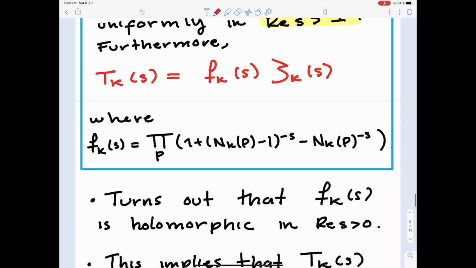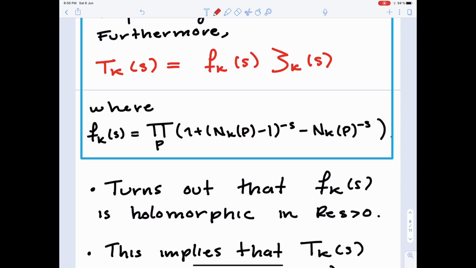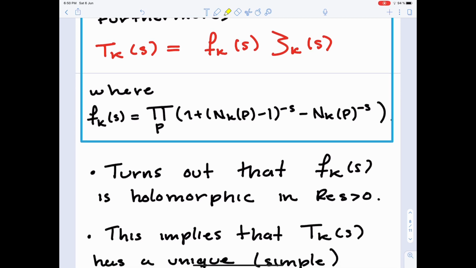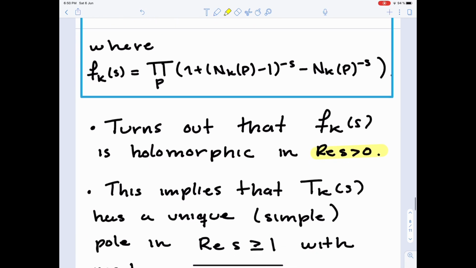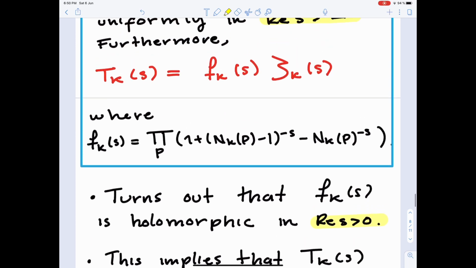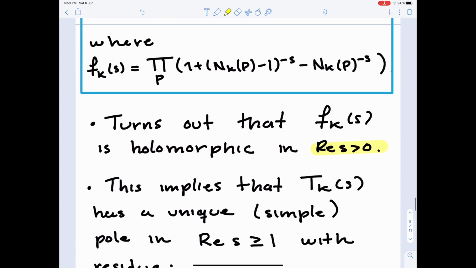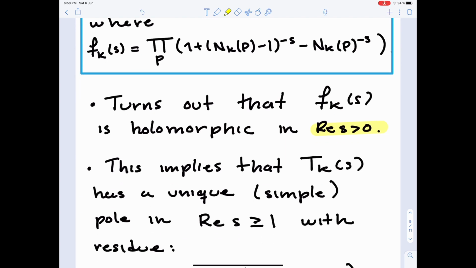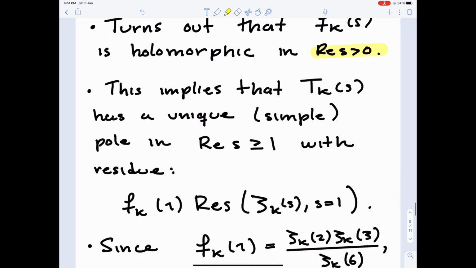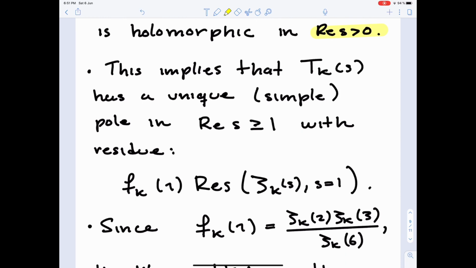Once we have this, we furthermore show that this function f, this Euler product, is holomorphic on the half-plane real part of s greater than 0. Since we can factor T as f times zeta, this implies that T has a unique simple pole in the closed half-plane real part of s at least 1, with residue f(1) times the residue of the zeta function.